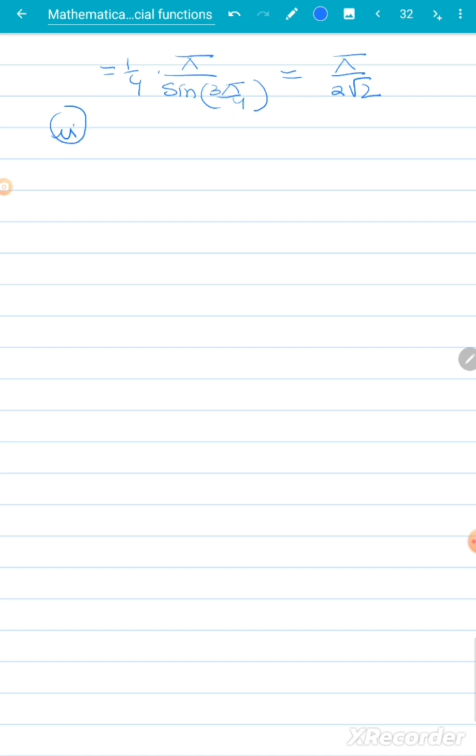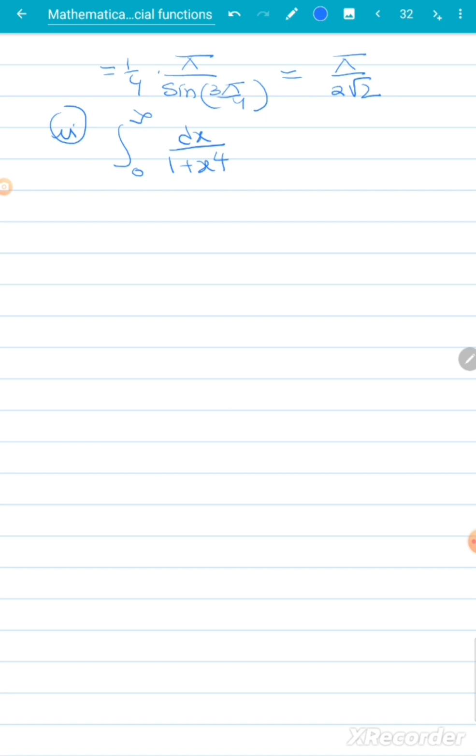Next, the second one: the integration from 0 to infinity of dx by 1 plus x to the power of 4.